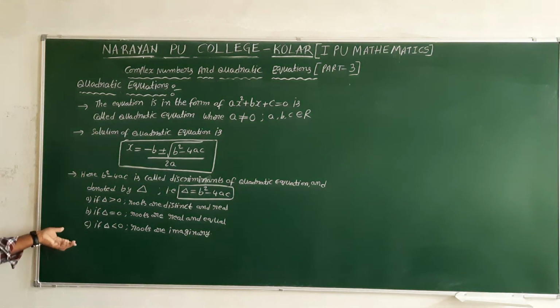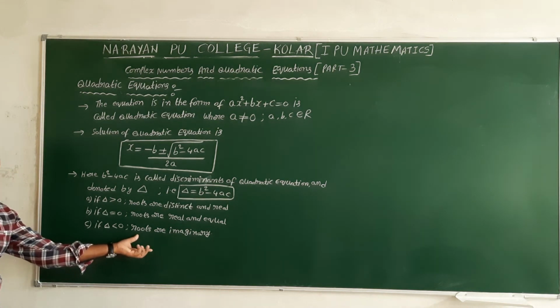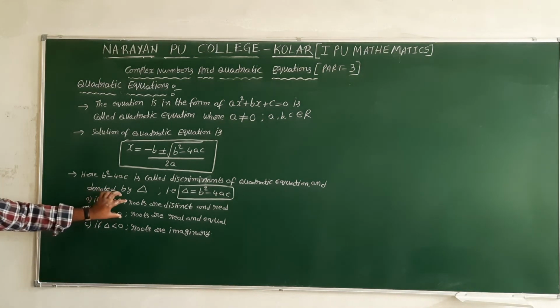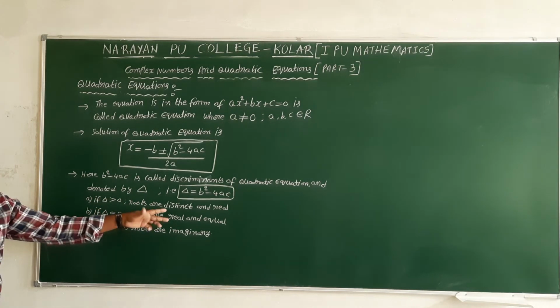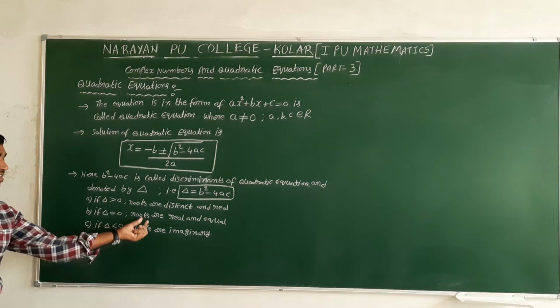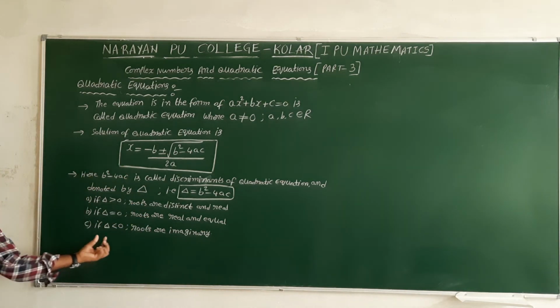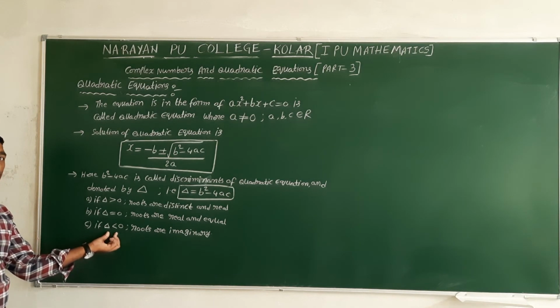In our chapter, based on delta less than 0, roots are imaginary, problems are given on this concept only. These two we already studied in the lower class. Delta greater than 0, roots are distinct and real. Delta equal to 0, roots are real and equal. Now based on delta less than 0, we are going to do the problems.